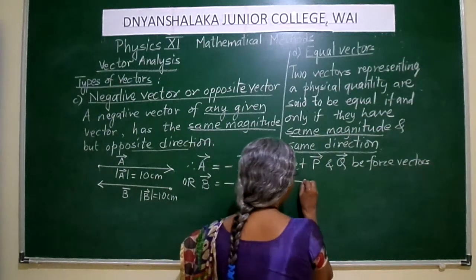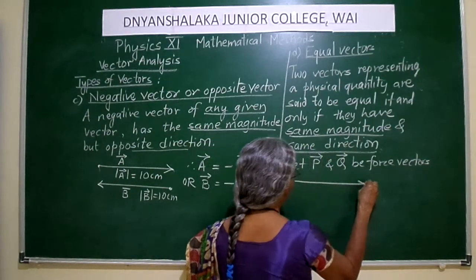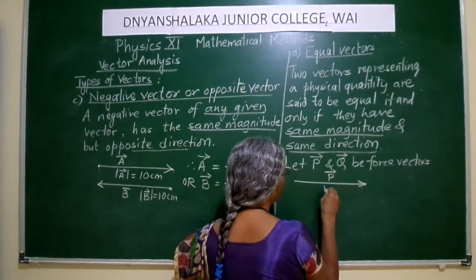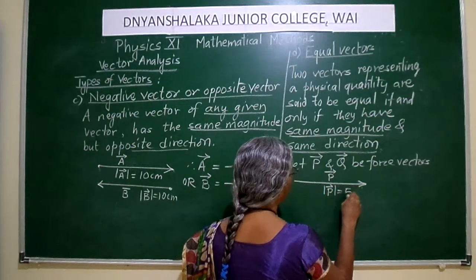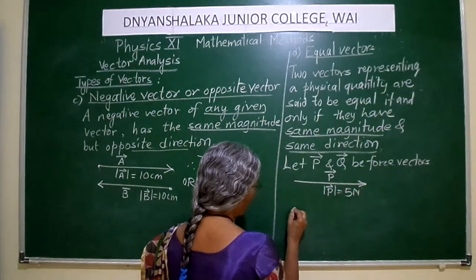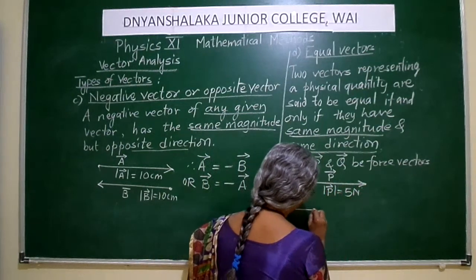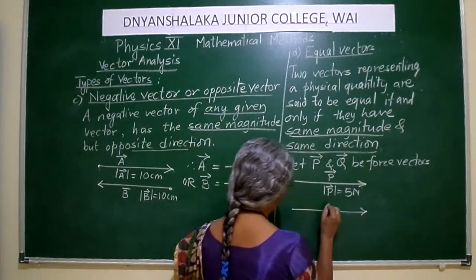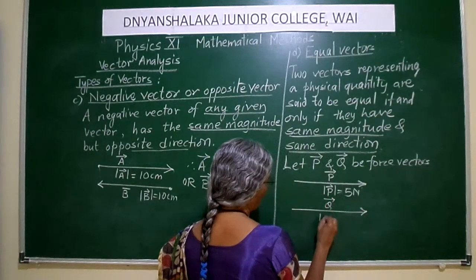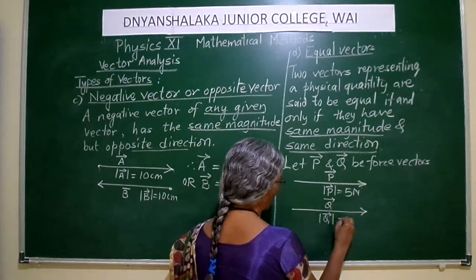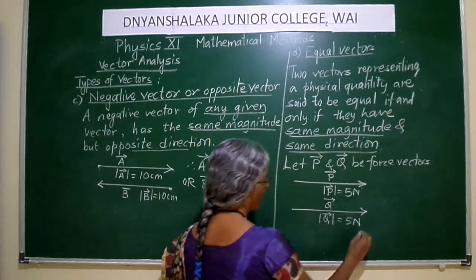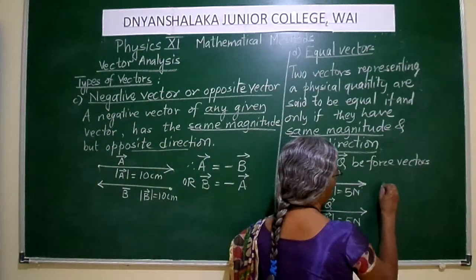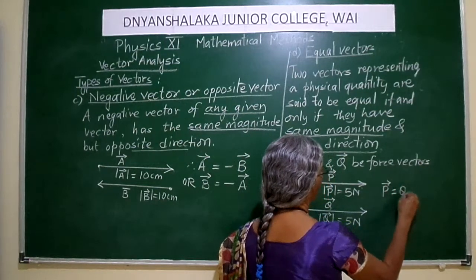Then if vector P is in this direction, this is vector P, such that the magnitude of vector P is equal to 5 newtons, then vector Q, which is also in the same direction, such that the magnitude of vector Q is also equal to 5 newtons, their directions are the same, their magnitudes are the same, then I can say vector P is equal to vector Q.